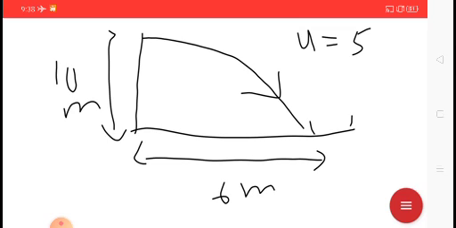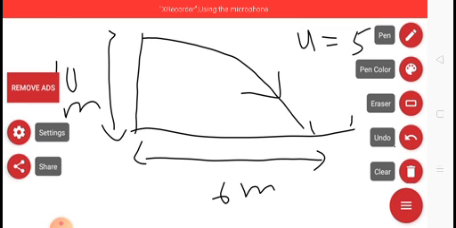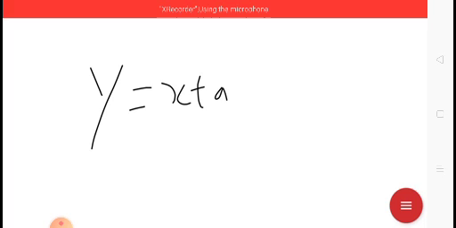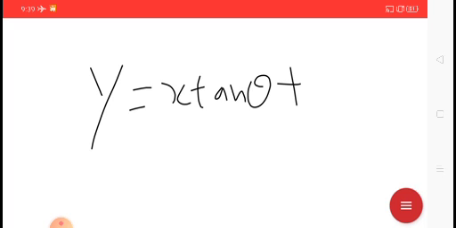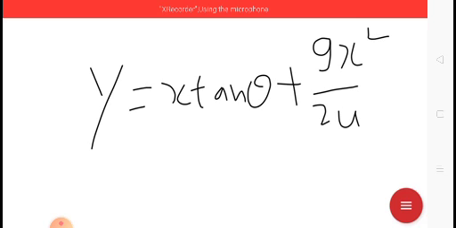Recall last week's question. If you have a projectile going downwards, you need to change the g to positive. So when you do this, you will have the trajectory equation y equal to x tan theta plus g x squared over 2u squared sec squared theta.